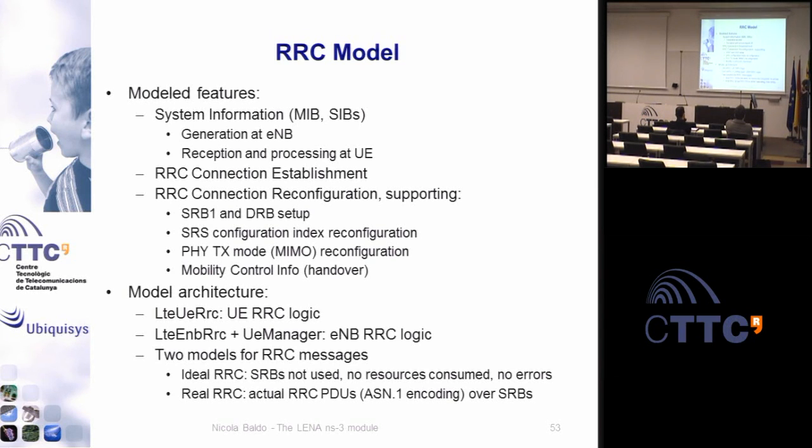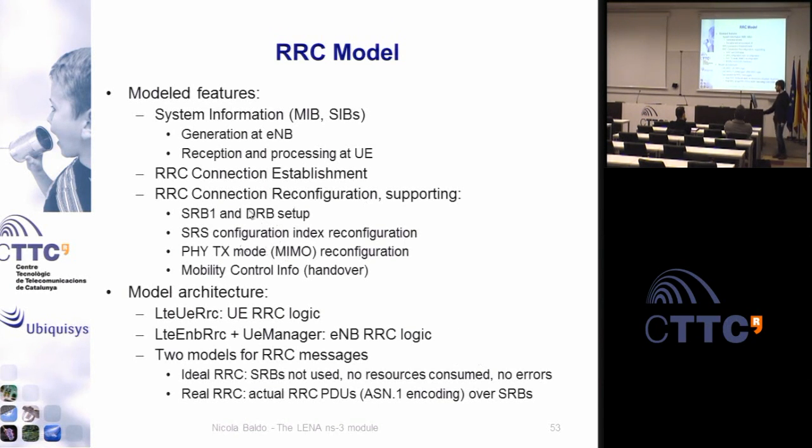Then we have an actual implementation of RRC PDUs as per the 3GPP specs with actual ASN.1 encoding. Well, to be fair, we don't have all the information elements that are specified by 3GPP, but we just implement the information elements that are needed for simulation purposes. That means all the ones that are implied for these actions.